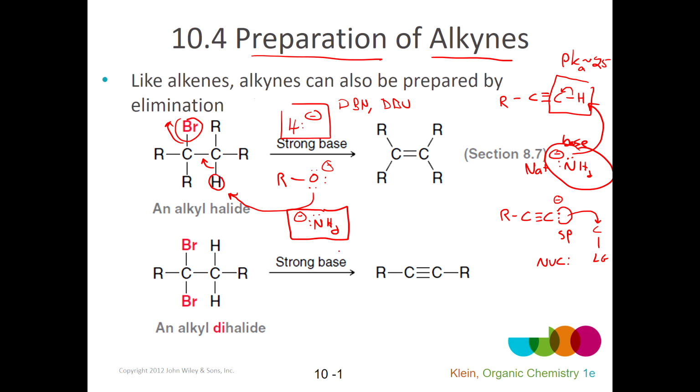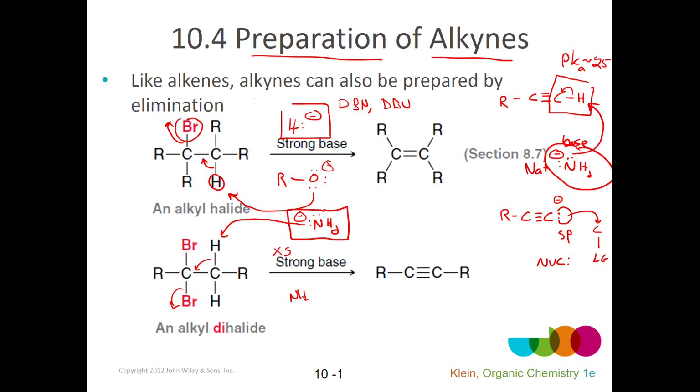So to make an alkyne, we just do the same reaction, but we just need two leaving groups and two beta protons. So in this case, we would need at least 2 moles. So we could use excess of the base. We'd need 2 or more moles of the base so that one mole would pick up a beta proton and push out whichever leaving group is anti-periplanar to it.